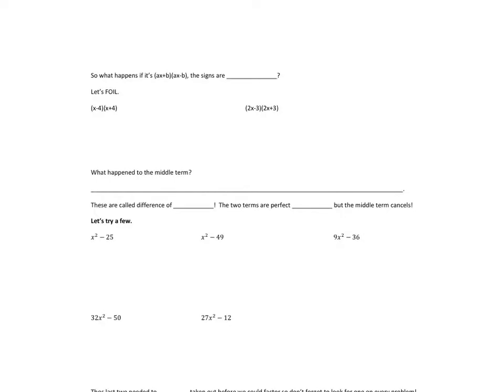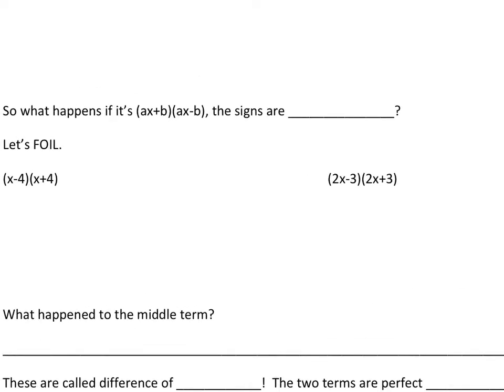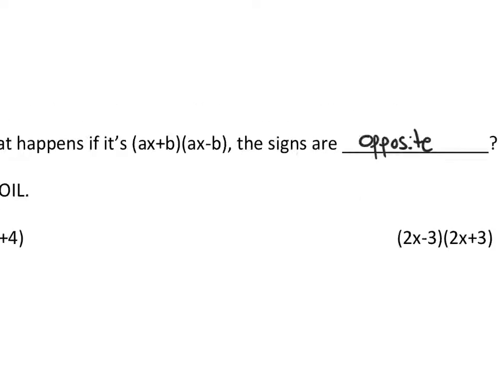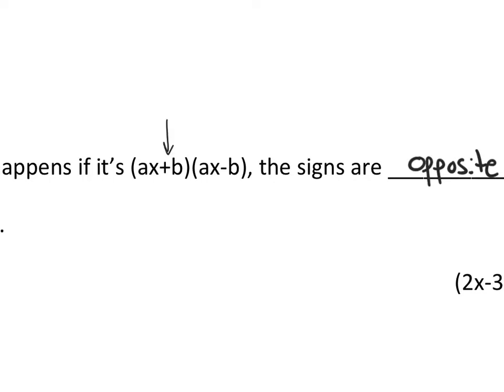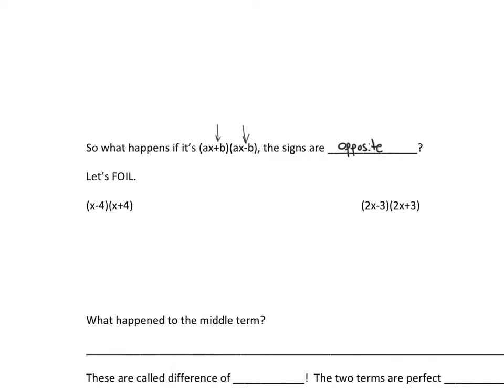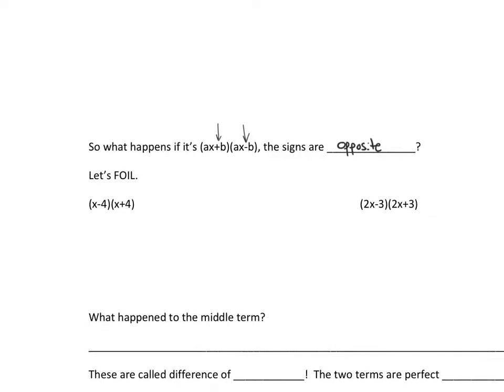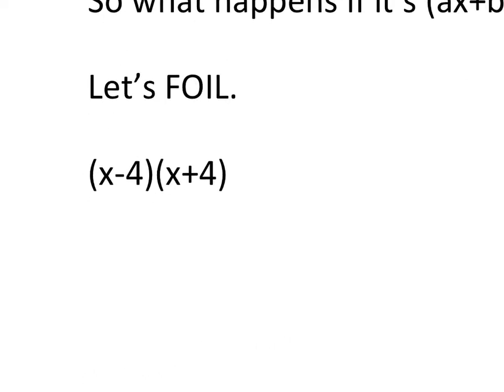There was another type of special case we worked on as well, where the signs were opposite. Everything on the inside was the same, but one was positive and one was negative. And when you see those here, you might remember that when you FOIL, it caused the middle term to cancel out.